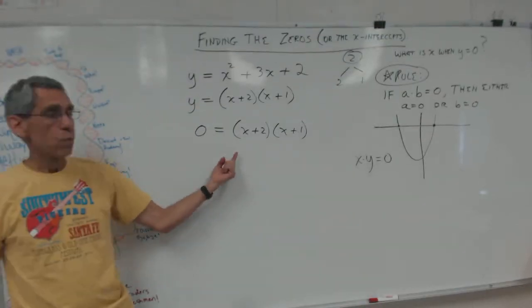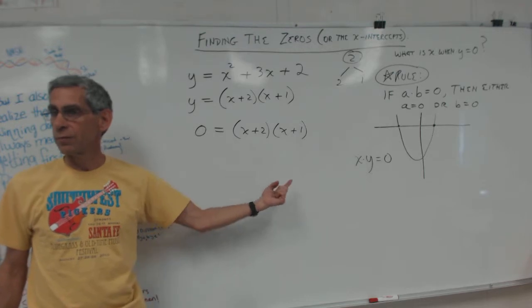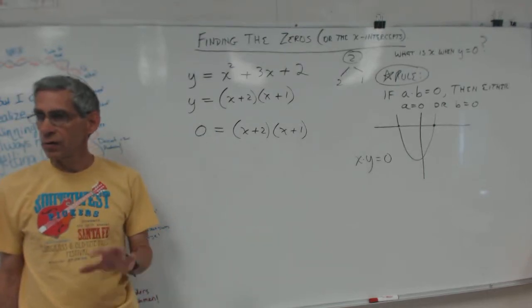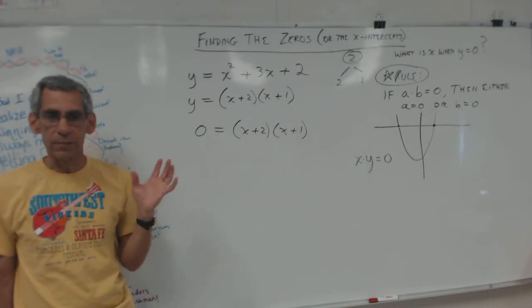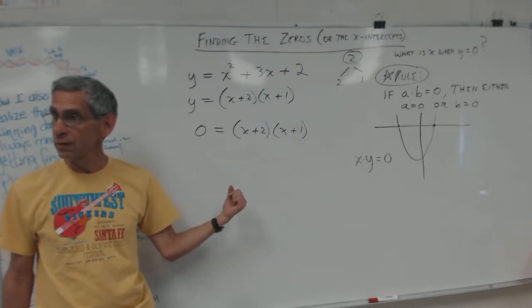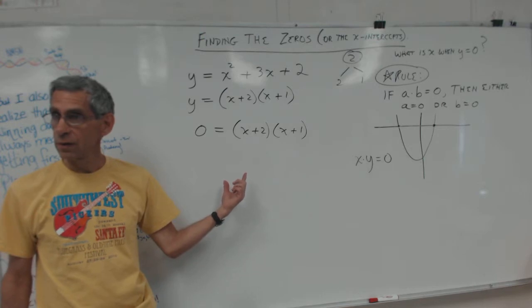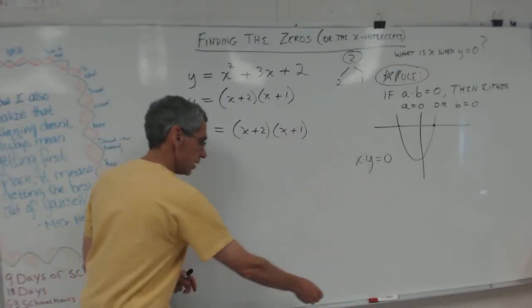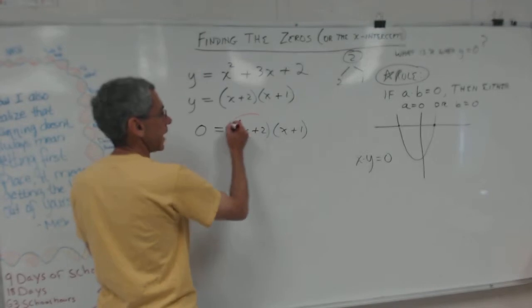So, where's my a and b in this problem? You've got to start to see what an a is and a b is in this problem. Does this say a times b equals 0? Sort of. This is my a.